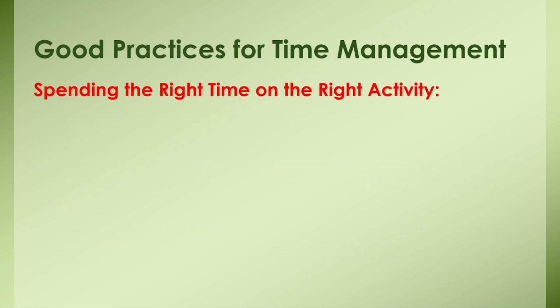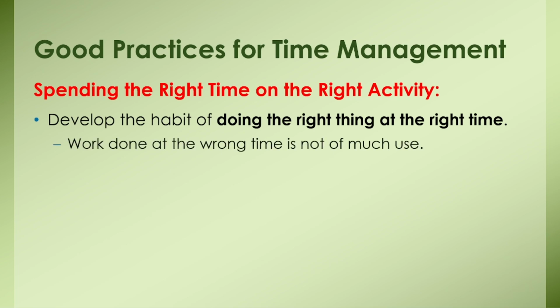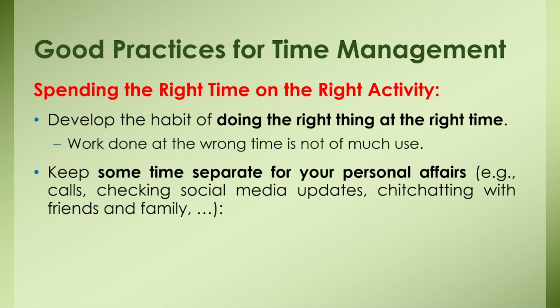Spending the right time on the right activity: develop the habit of doing the right things at the right time. We said before that you cannot study after the exam, or there is no need for studying after the exam. If you are studying for the exam, then after the exam, no need, you know. Keep some time separate for your personal affairs, of course.